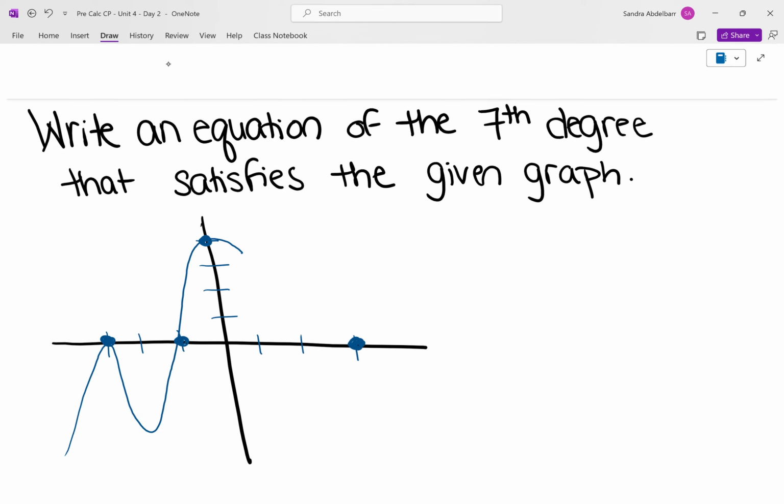What? Why did it all just erase? Guys, what happened? I don't know. You saw me draw it. Oh, now it's back. How come it's going to the y-axis? It's crazy. I know, I'm wild.